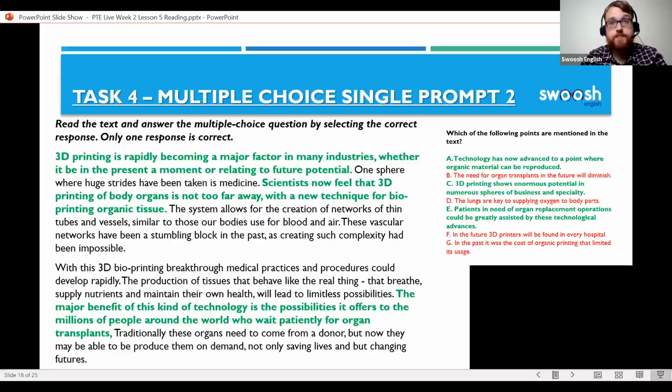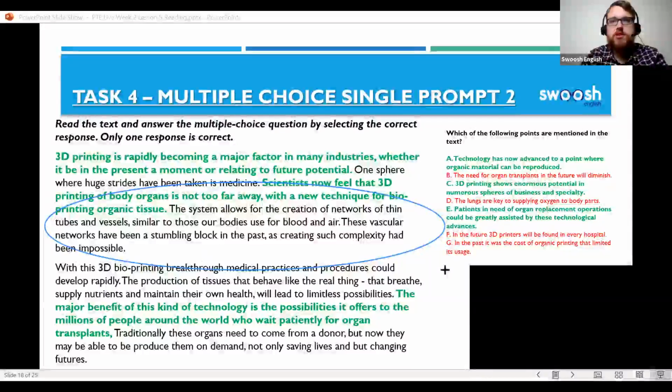So not given. What about D? The lungs are key to supplying oxygen to various body parts. So does it talk about lungs in any way in this passage itself? Well, we do have a section here which refers to tubes and vessels, blood and air, vascular networks, etc. But it doesn't refer to lungs.